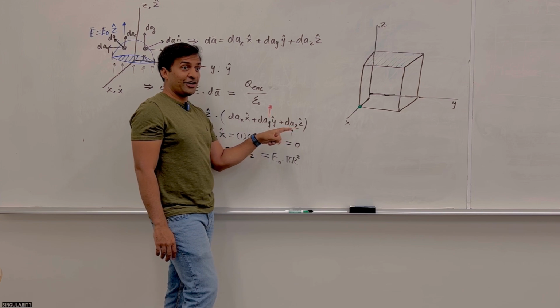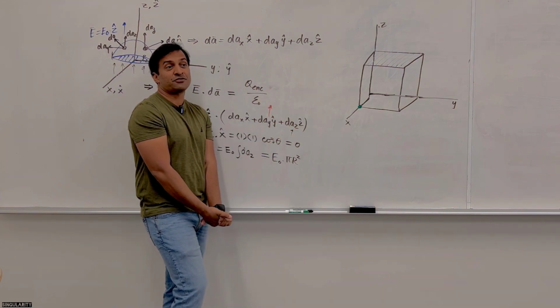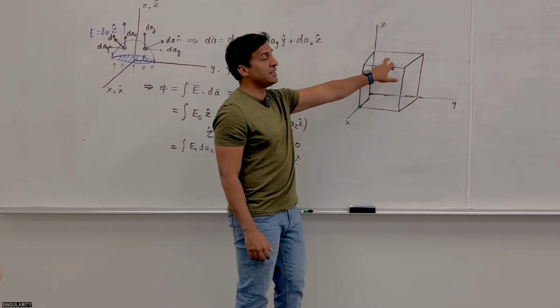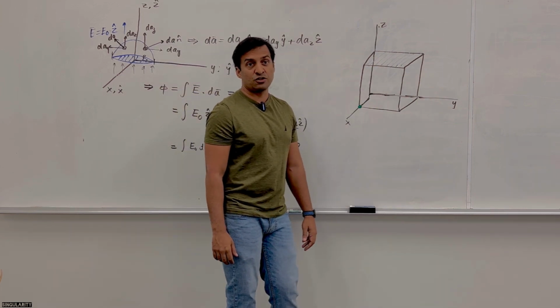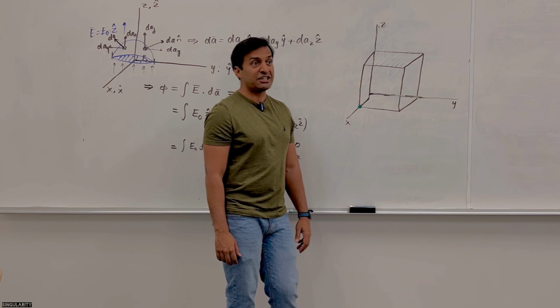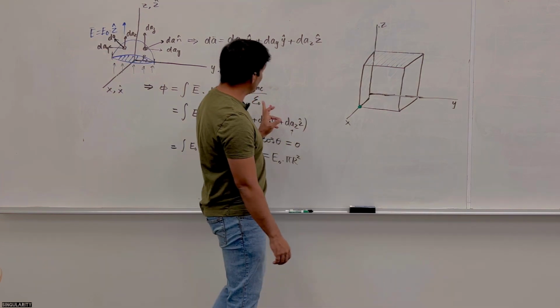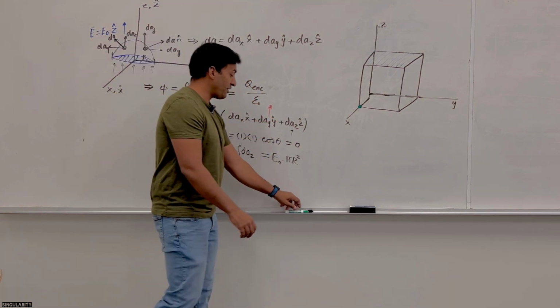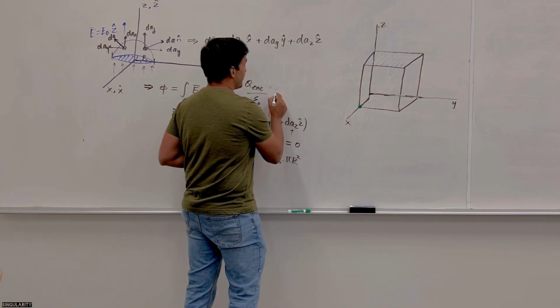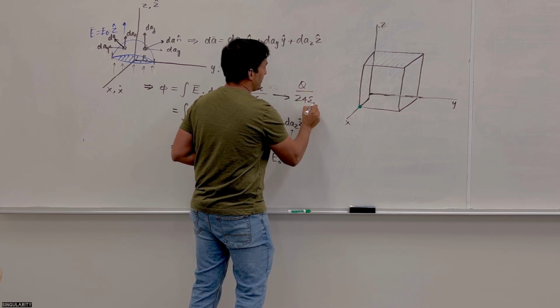The area of one side of the bigger cube is how many times the area of one side of the smaller cube? 4 times. So the net flux through one of these sides will be 1/4 of Q divided by 6 epsilon naught. So your answer for this problem will be Q divided by 24 epsilon naught.